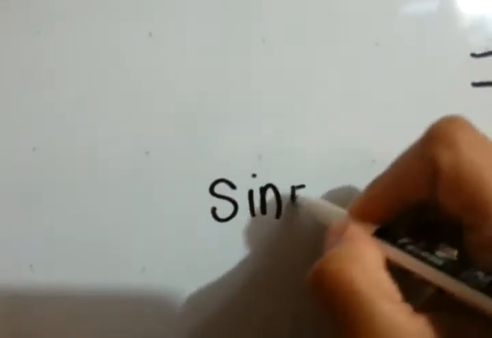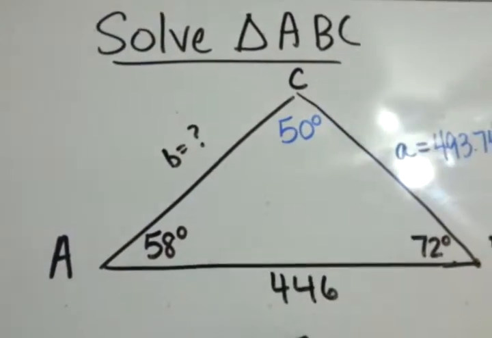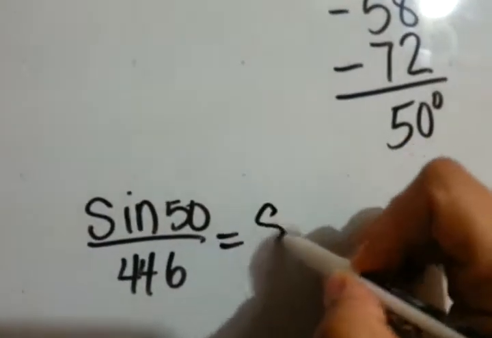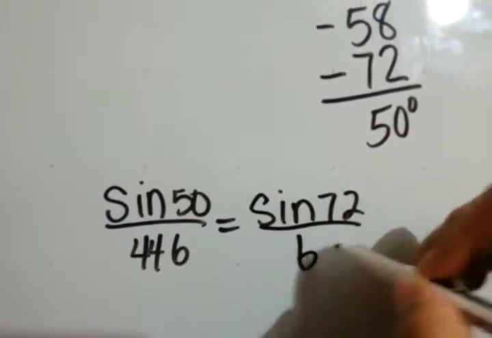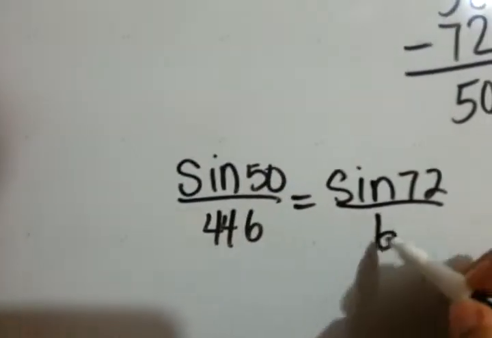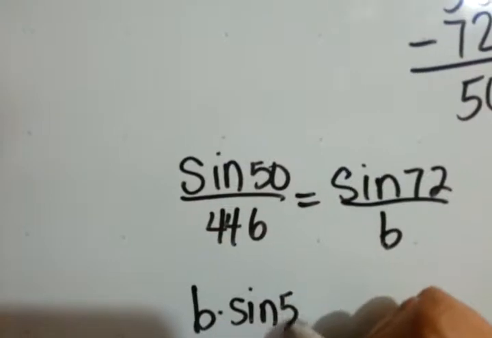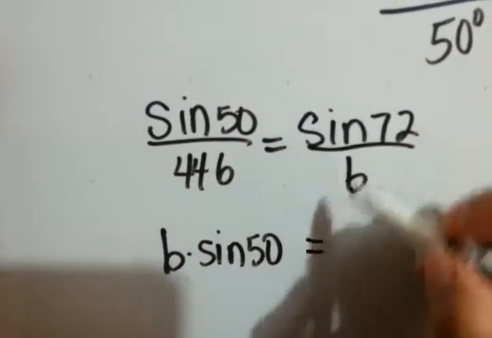So I would build a relationship that says the sine of 50 over 446 equals the sine of 72 over B. Okay, and cross multiply. B times the sine of 50 equals 446 times the sine of 72.